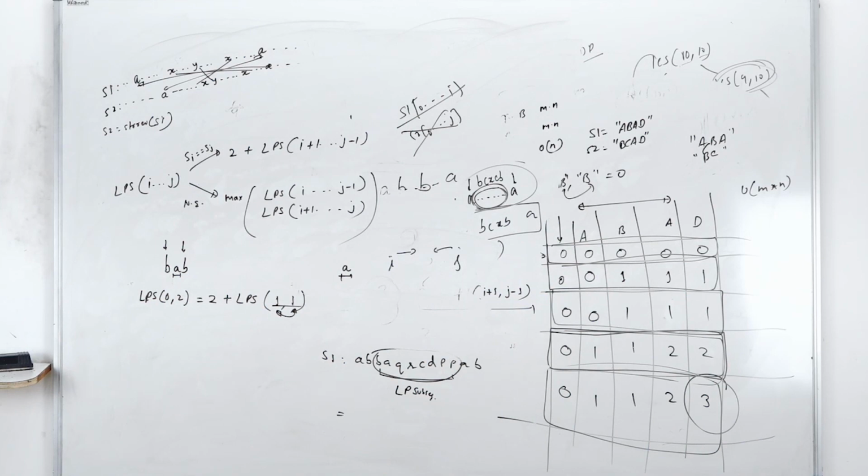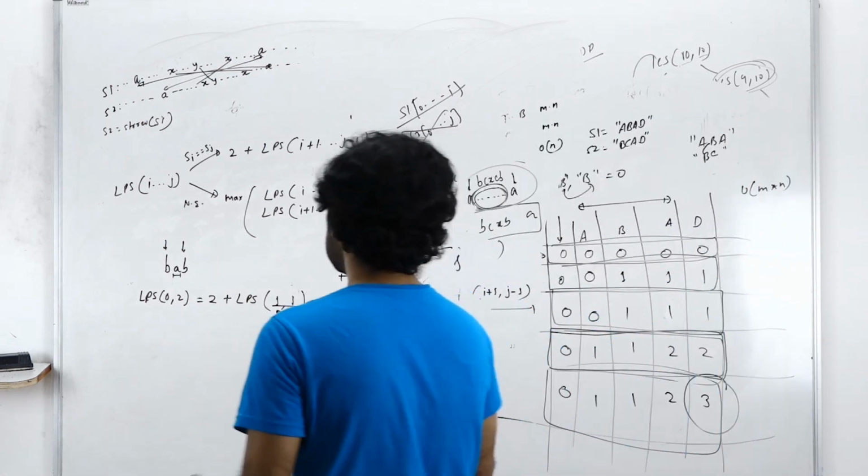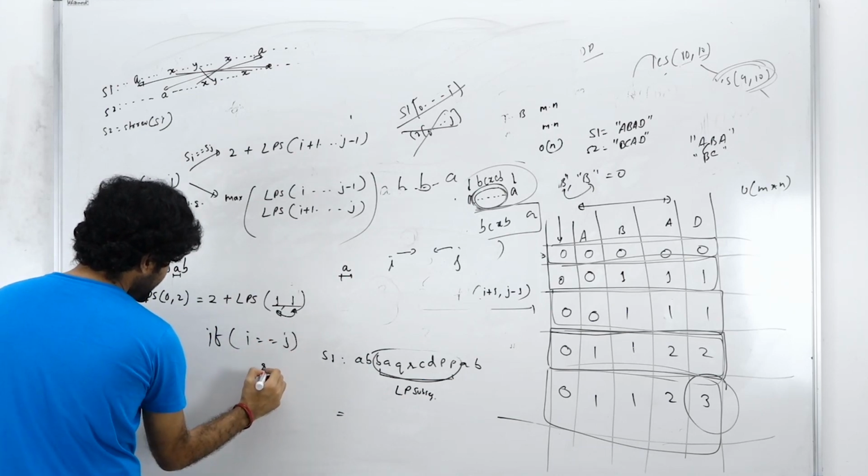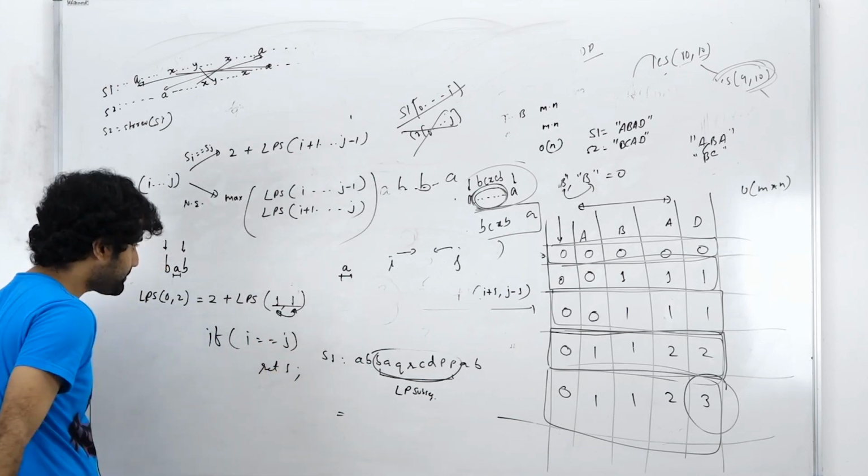What is the longest palindromic subsequence of a string whose length is 1? Can I say it will be 1 only, because any one-length string itself is a palindrome? Does that make sense to everyone? So the moment I see that i equals j, I can simply return 1.